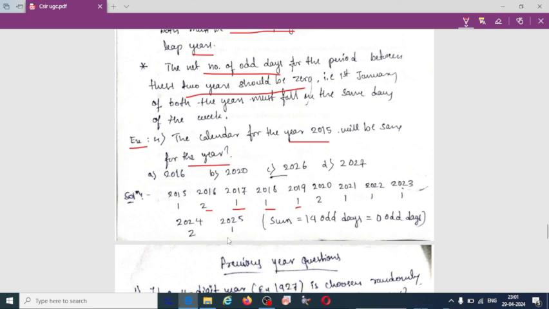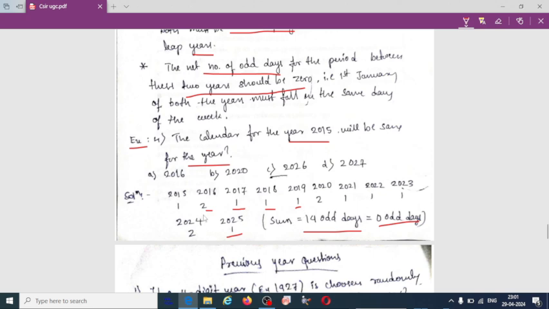and once you get the sum of all these odd days up to 2000, whenever we come across 0 odd days, that is going to be the calendar for the year 2015, the same for the given options.